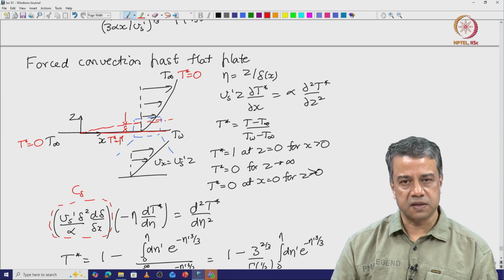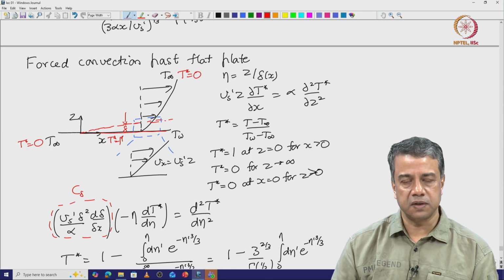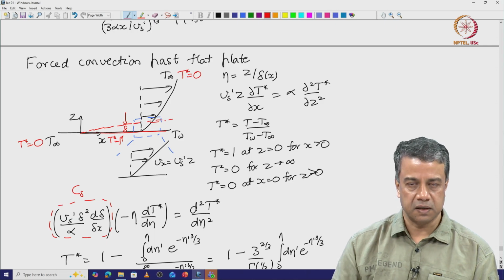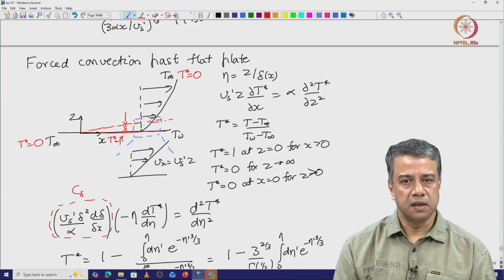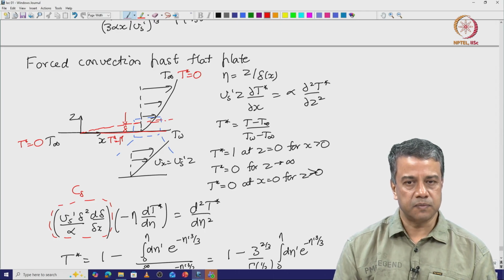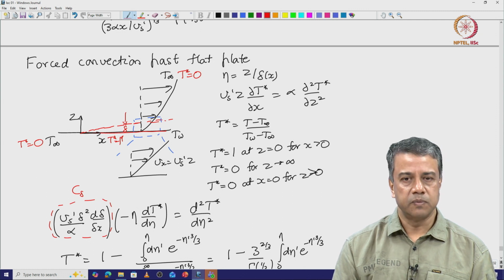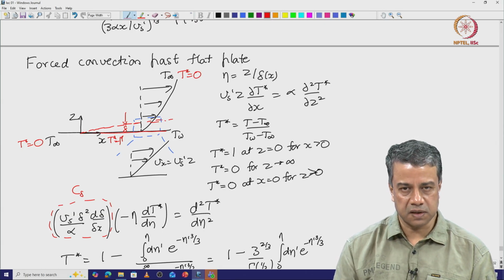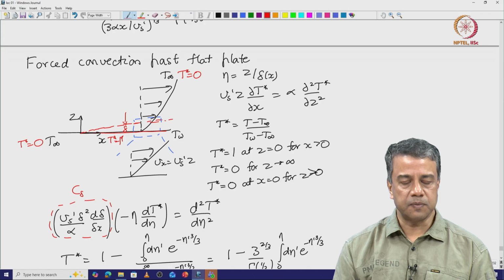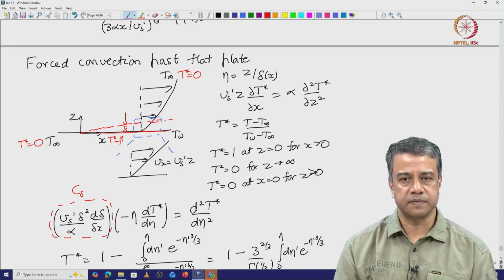Clearly, that does not satisfy the boundary condition at the wall, and we saw that we need to postulate the presence of a boundary layer close to the surface, where heat that is diffusing from the surface perpendicular to the surface is getting swept rapidly downstream due to the strong convection, and therefore the temperature change is restricted to a thin region close to the surface.